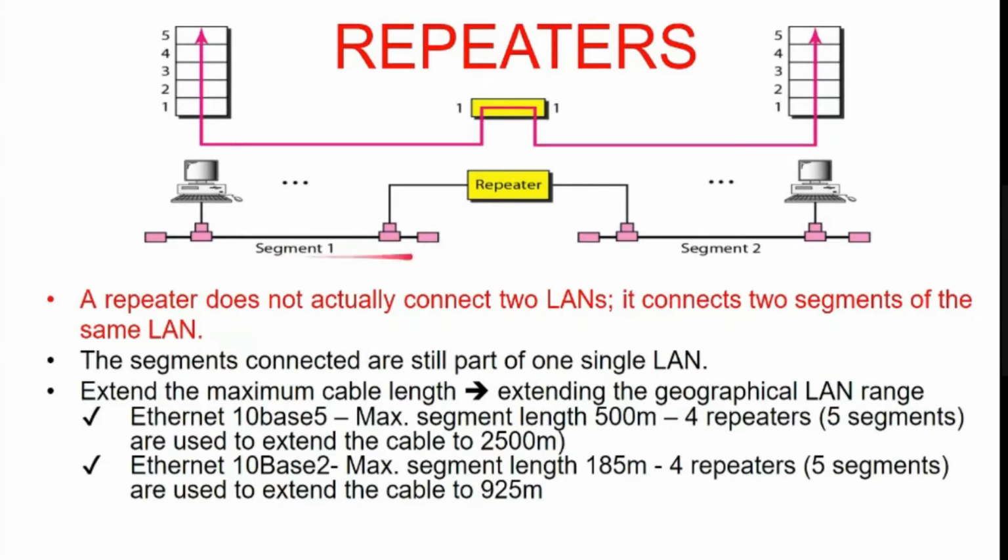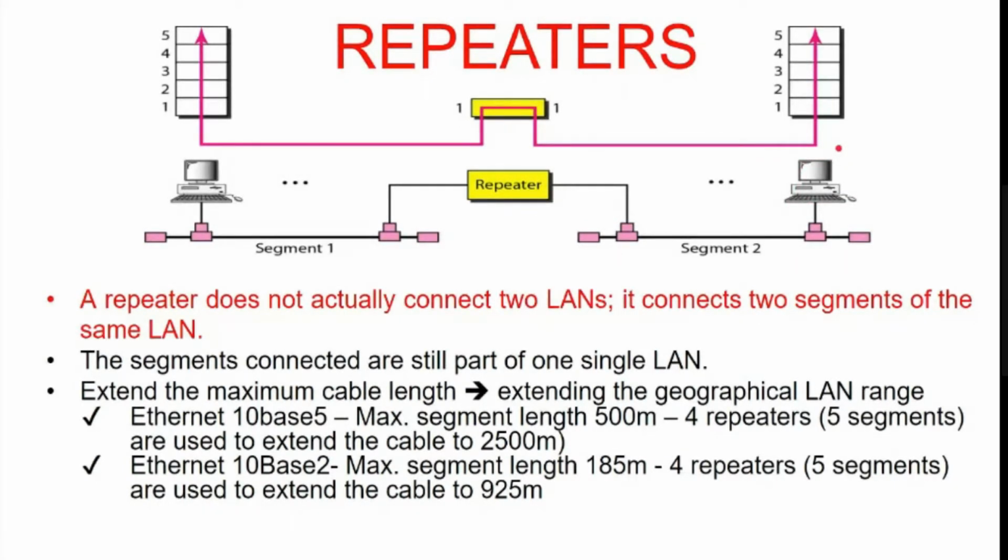Within a certain distance, the repeater receives the segment one signal. If it is corrupted or too weak, it automatically regenerates the signal and sends the refreshed signal to segment 2 or the destination.